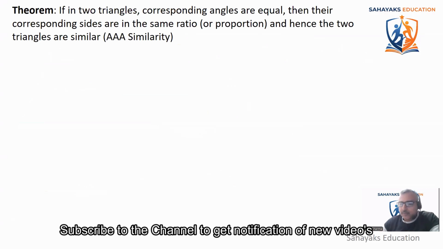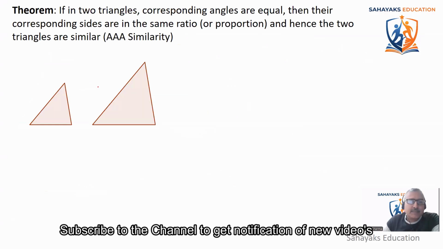So what they want to communicate here is there are two triangles, and if the three angles are equal, so this angle is equal to this angle, the second angle is equal to the second angle, and the third angle is equal to the third angle, then these two triangles are similar. That means their sides are in proportion.